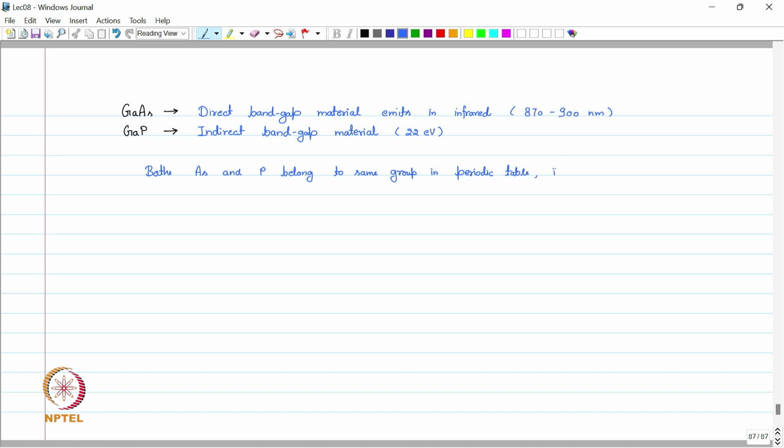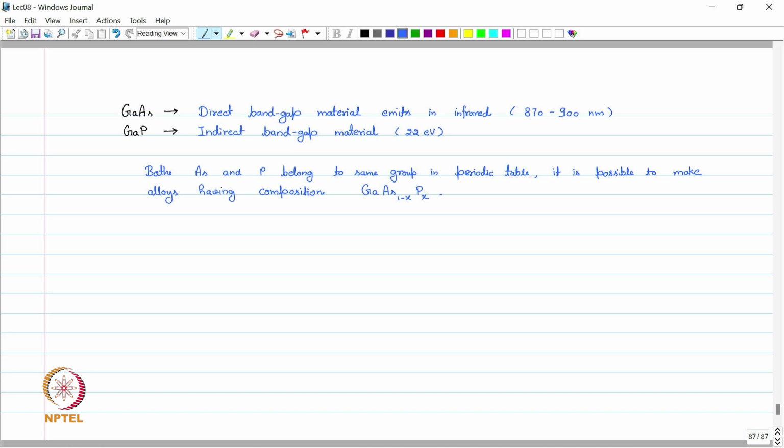It is possible to make an alloy having a composition of gallium, arsenic, where the component of arsenic is 1 minus X, and phosphorus is X. So we are taking X part of phosphorus and 1 minus X part of arsenic and mixing it with gallium, so that we are making a new compound, which is gallium arsenic phosphide.